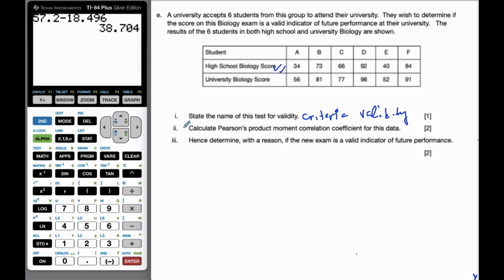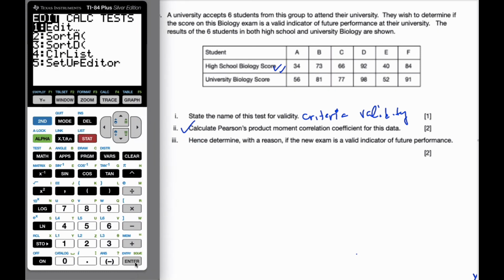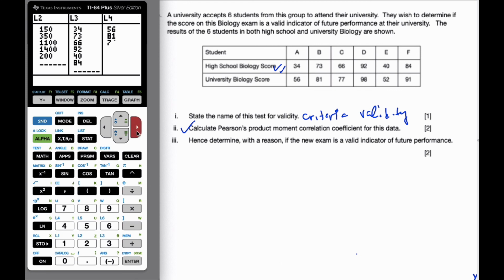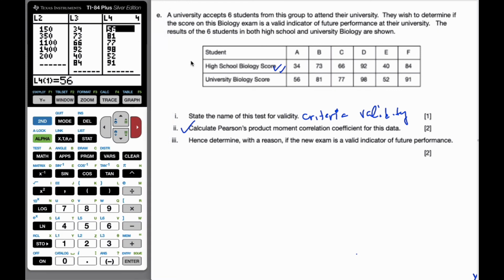Well, in order to do it, it says calculate the Pearson's product moment coefficient of this data. So I'm going to put these points into my calculator, which you can see I put them into L3 and L4, and I do the regression on it.